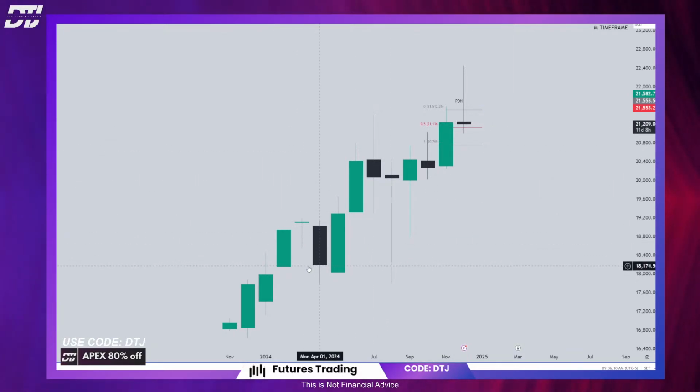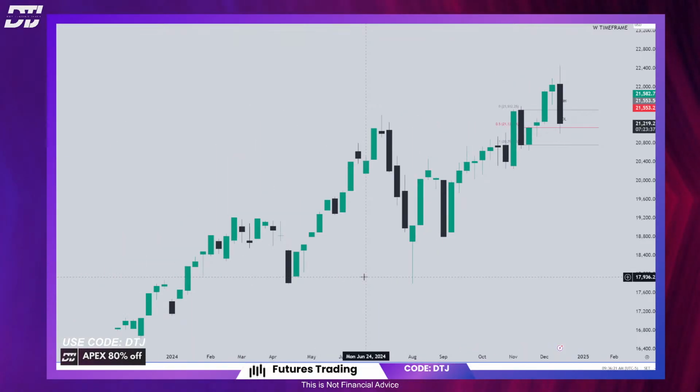We haven't had a change in state of delivery all year. We've been moving higher on a monthly basis the entire year. We had a weekly change in state of delivery back in June. That was our retracement month.